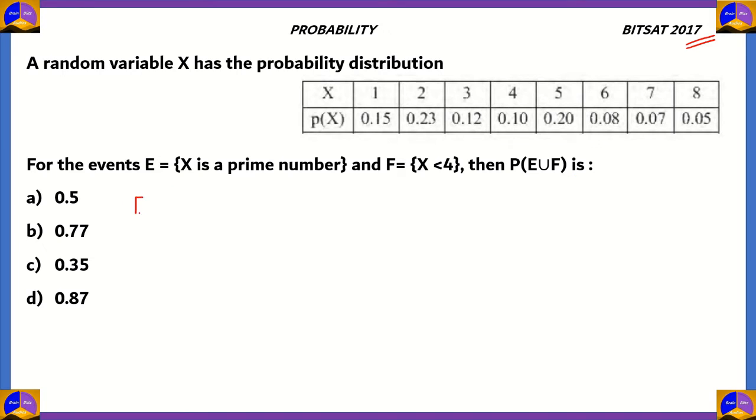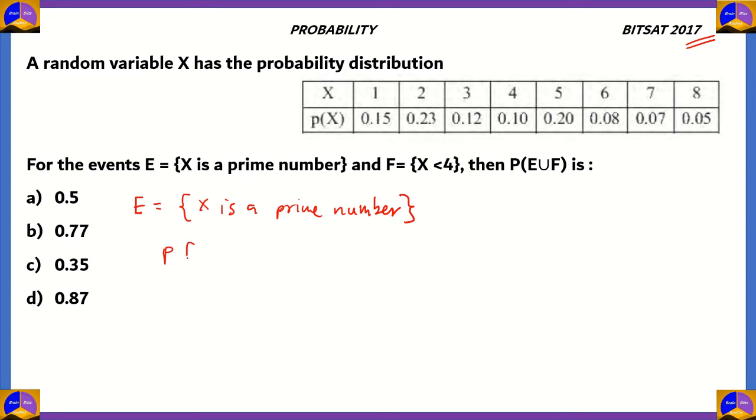So we know that x is a prime number. That will be the event E. So whenever x is a prime number, the event E occurs.